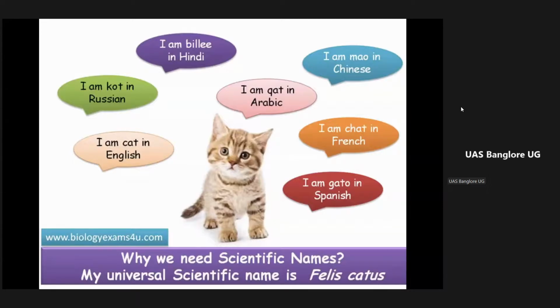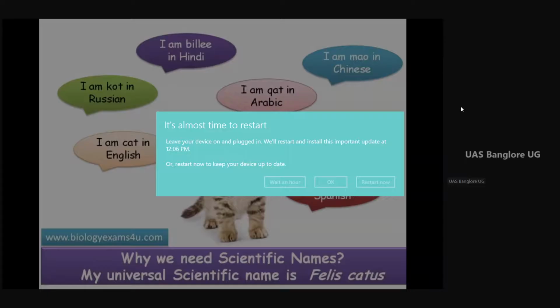Common names are quite confusing. Suppose somebody says, where is my Mao? Mao means cat in Chinese, so you don't understand, right? We cannot understand what is Mao or what is Billi. If you speak to an American and say this is my Billi, what will he understand?